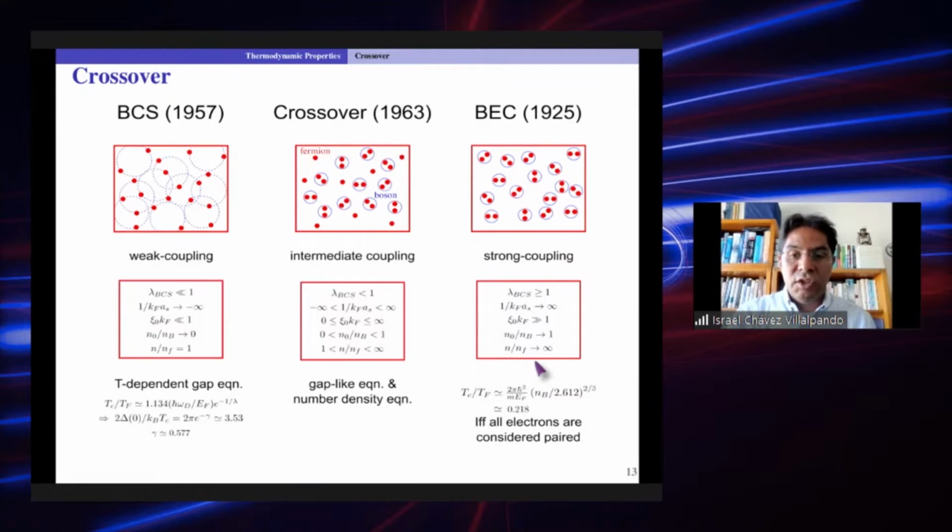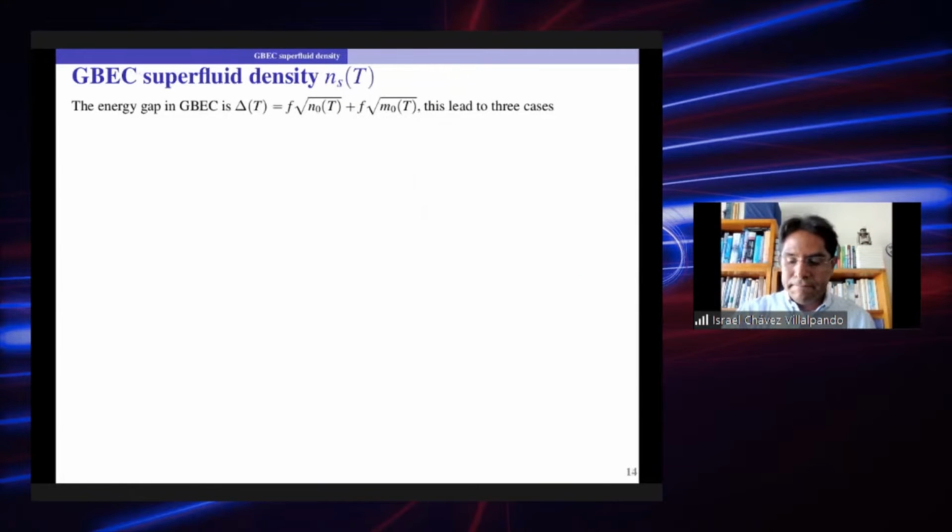This is the total number density, and this is the number density of the unbound electrons. So if one changes this number density ratio, one can stay in the BCS regime or move to the other side to the BEC theory. And this is key for changing between coupling regimes.